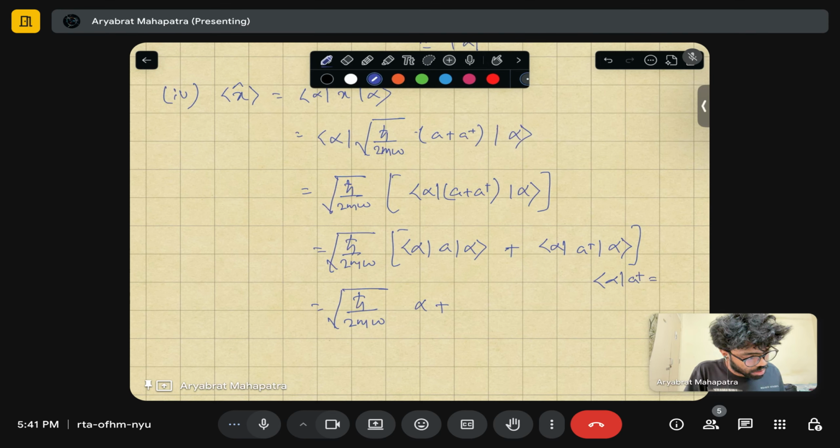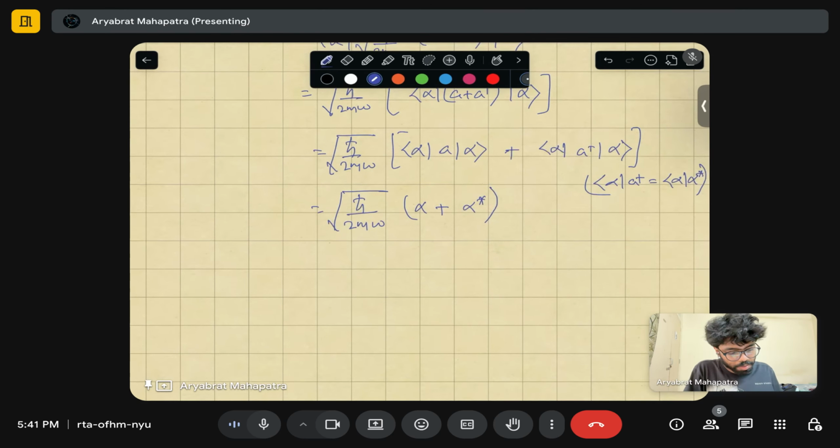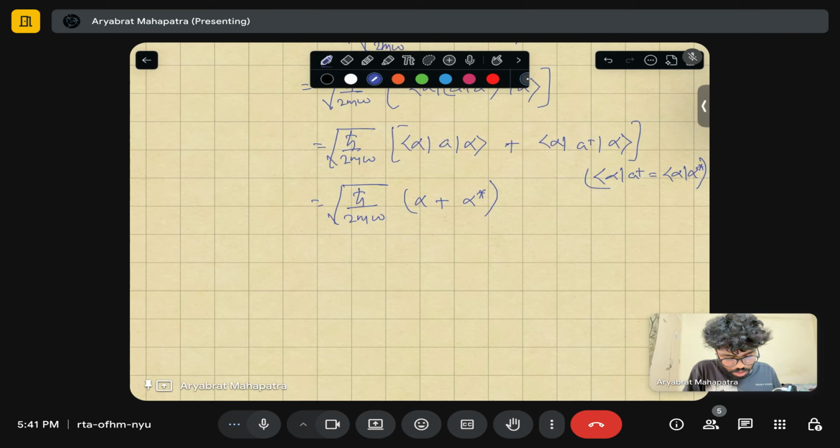Using this, you can write this as alpha star. So this is your expectation value for position, and in the same way, for x square you can calculate.